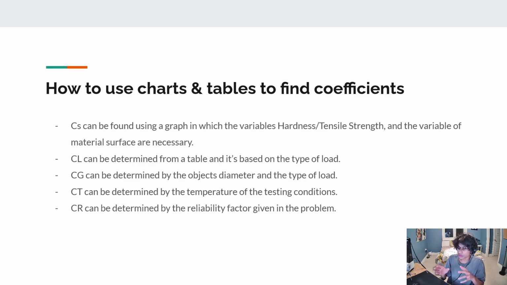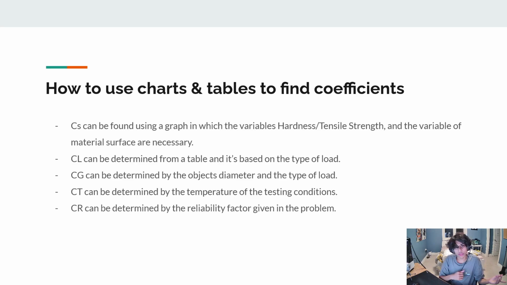What you're going to do is find either the hardness or tensile strength and locate that on the x-axis of the graph. The next thing you're going to need is the surface material condition. I don't know, it could be machine polished, that's one example. And let's say it's machine polished, right? So you would locate where this hardness or tensile strength would intersect with the machine polished curve, and that corresponding intersection would be where your CS can be found.